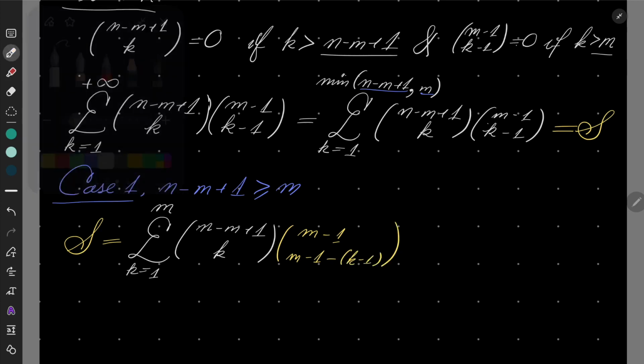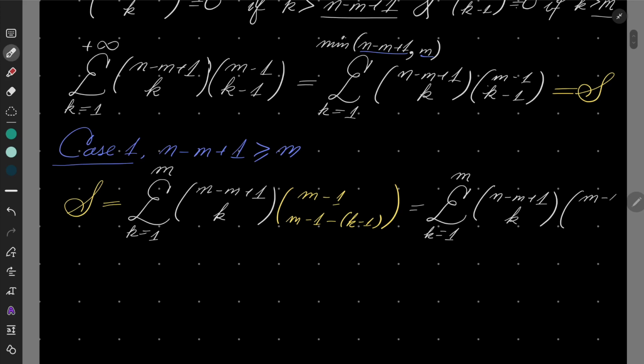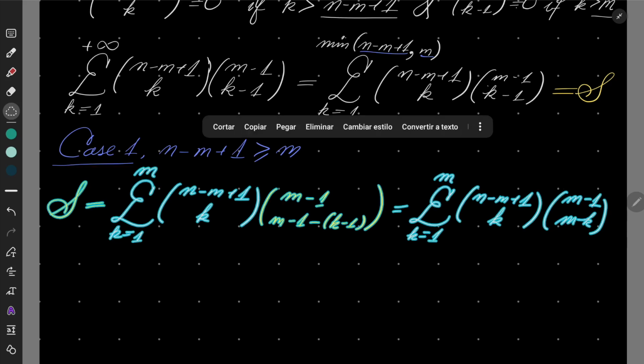Now this entire sum is the sum as k goes from 1 to m of (n minus m plus 1 choose k) times (m minus 1 choose m minus k). Very well.